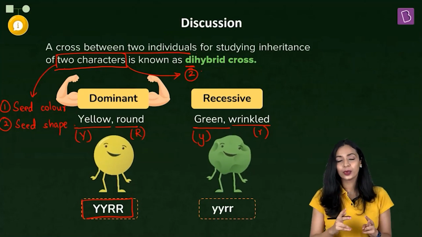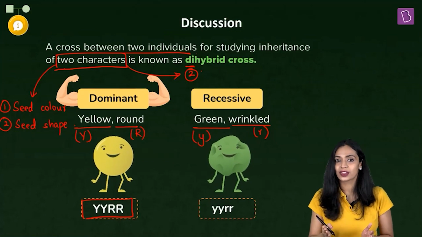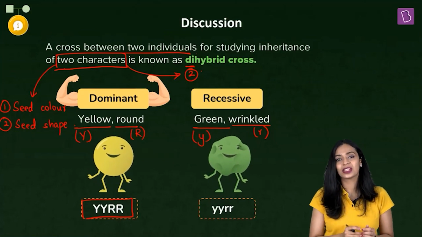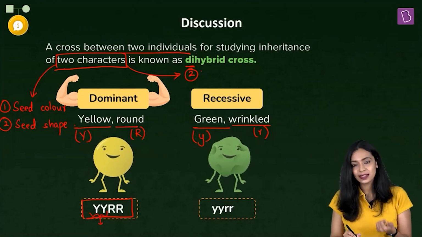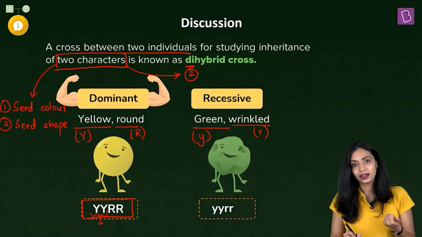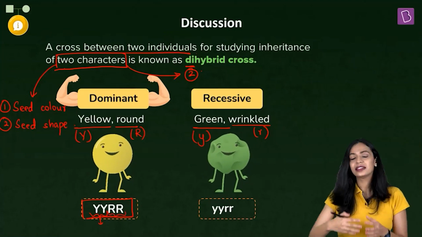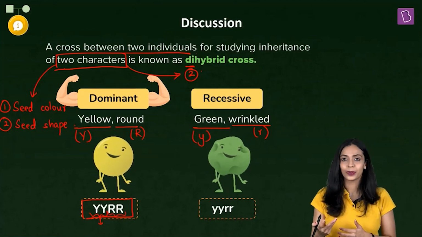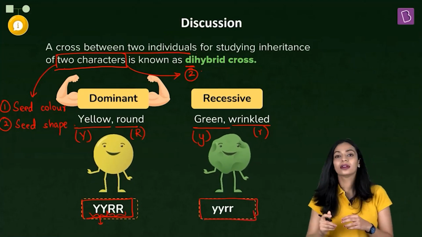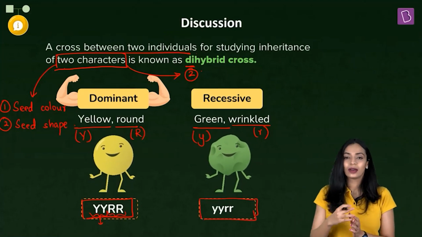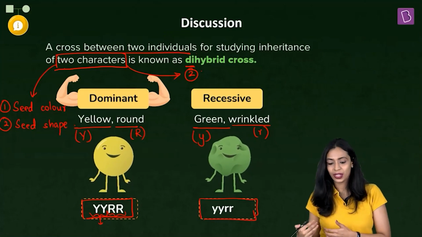Since we are considering two characters, there will be four alleles that are responsible, and that is what is represented as the genotype here. So these are the two alleles for the character seed color, and these two are the alleles for the seed shape. Similarly, if you have a pure line or a homozygous recessive plant for both characters, then this would be its genotype.